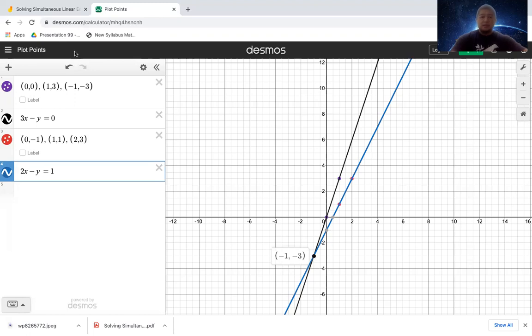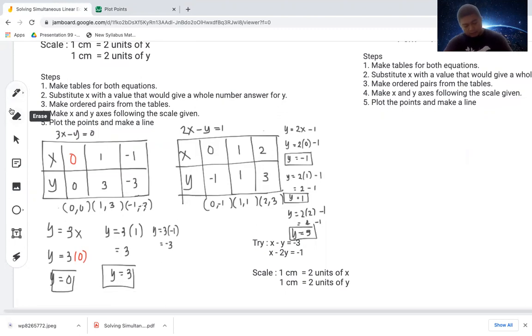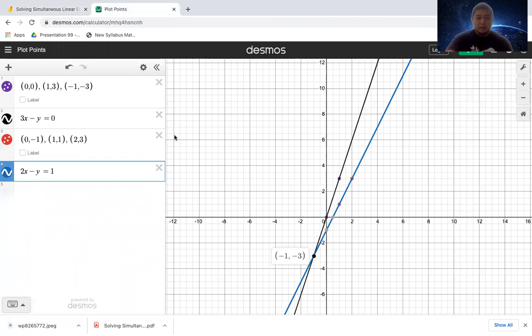All right. So if we are going to write here the solution, let me just have it here. Solution is that x is equivalent to, let's see, x is equivalent to -1.